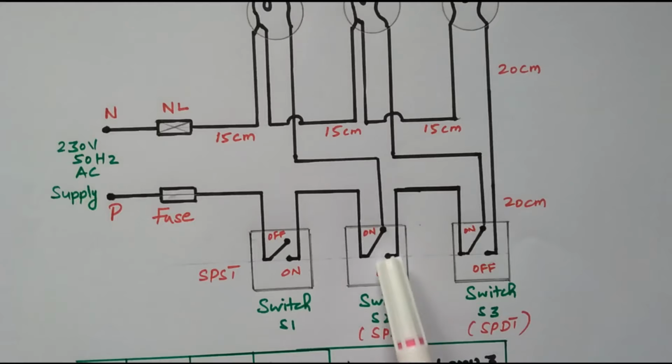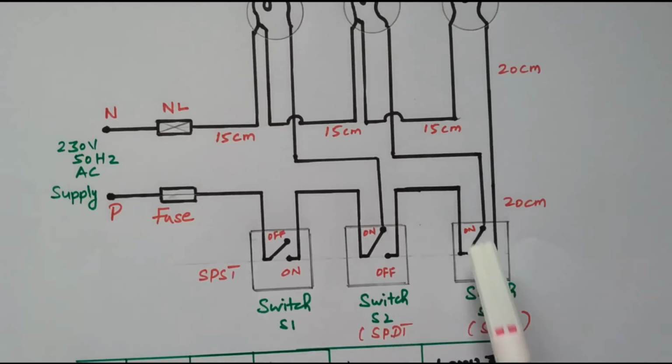There are two throws available. Here, only one: if it is open, off condition, if it is closed, on condition. Here there are two poles available, and here only one pole is available.